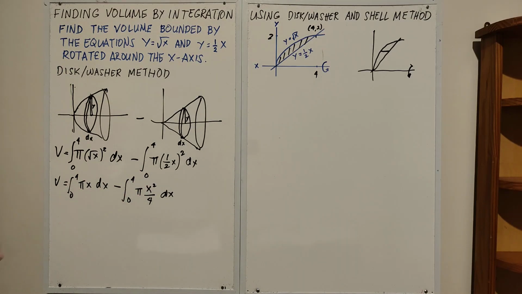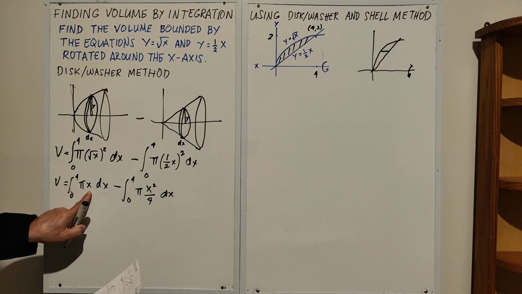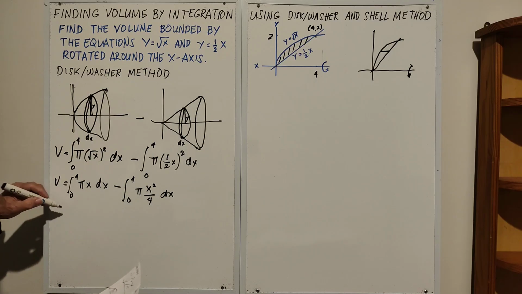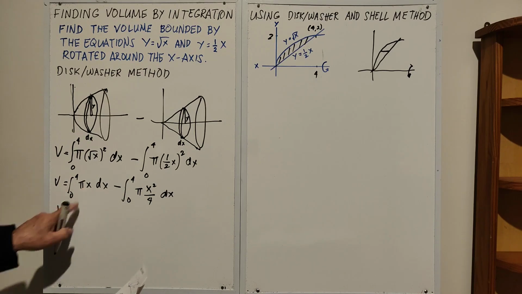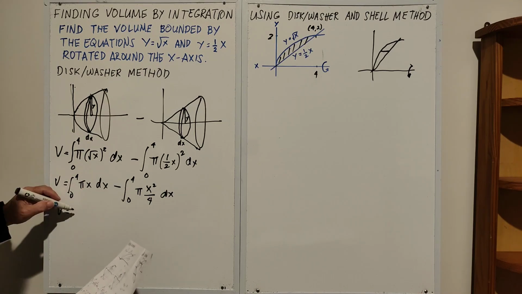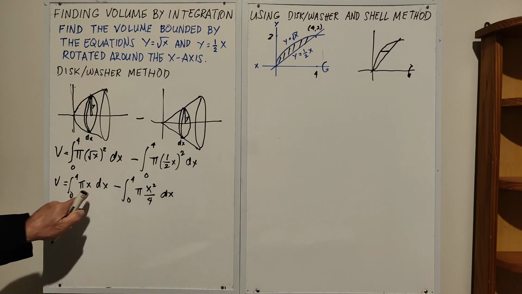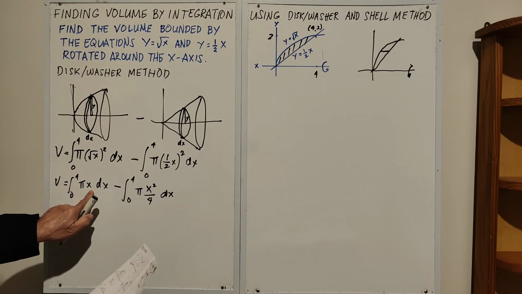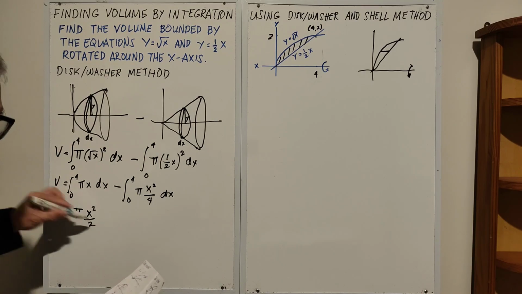Now if we integrate this, the volume is equal to, we can separate the pi because it is constant. So let's put it on the left. And then if you integrate x, it will become x squared over 2.